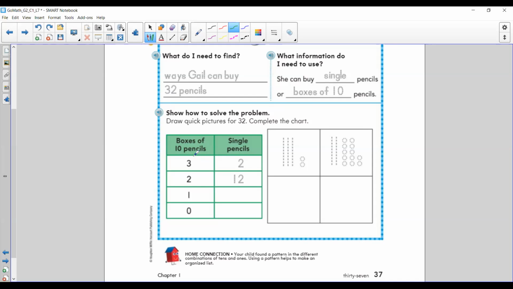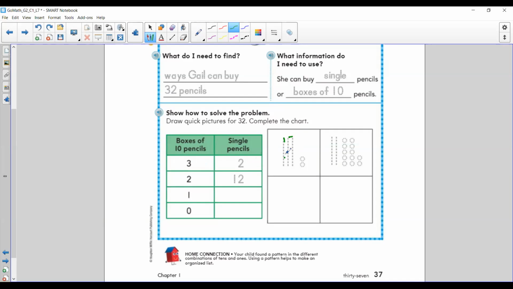So the first way to show 32 pencils would be 3 boxes of 10s, and see, just like a 10s and 1s chart, there's a line down the middle, and the 10s are on the left, and the 1s are on the right. So we have 3 boxes of 10 for 32 that represent 30, 10, 20, 30, and 2 single pencils which represent 2.